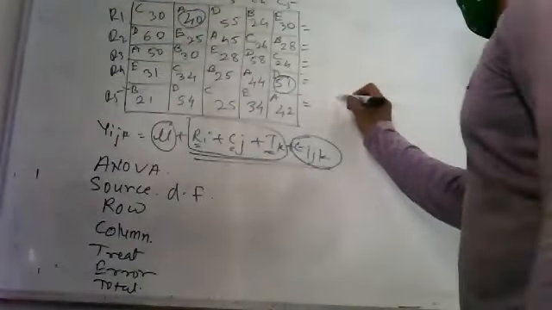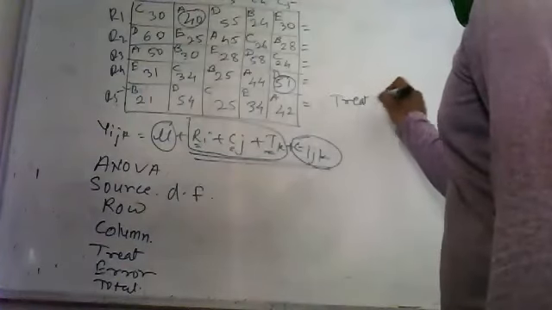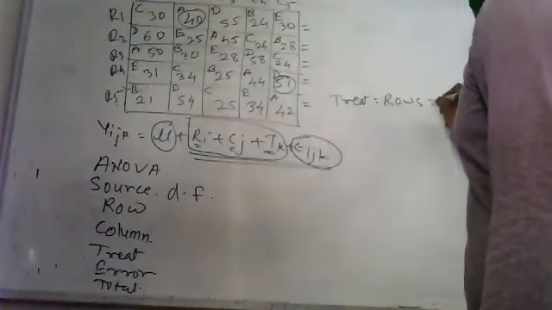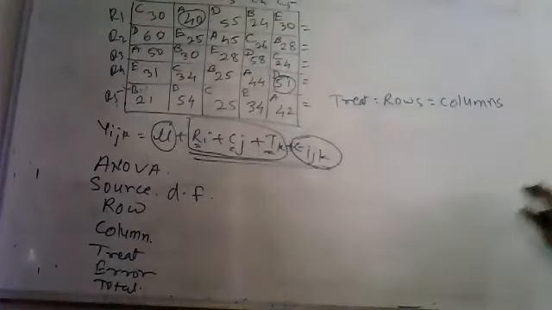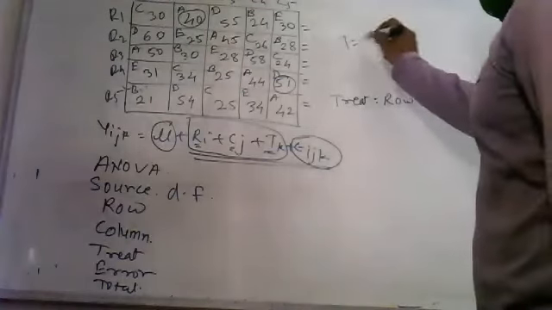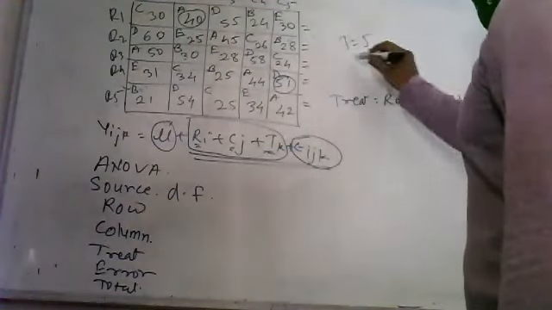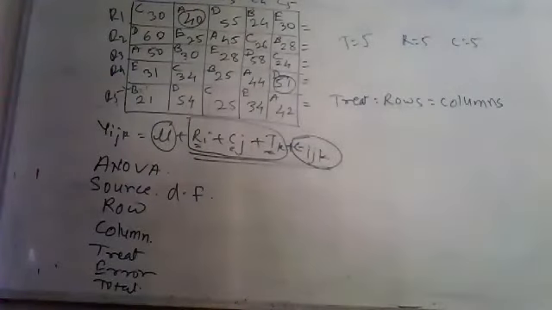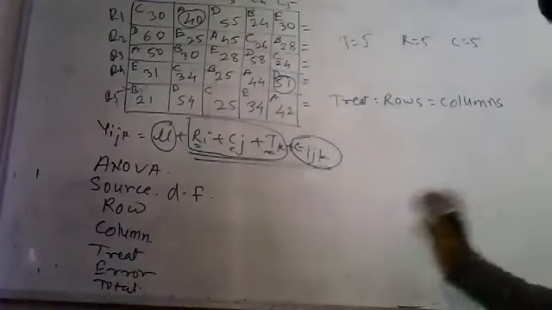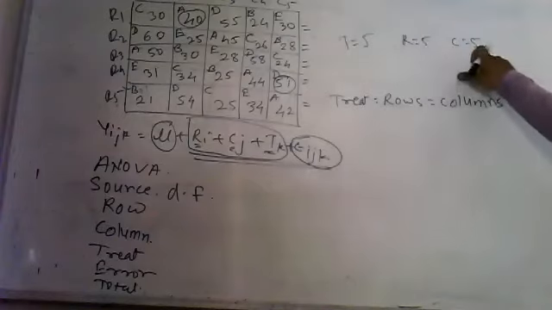Now, degrees of freedom. We know that in LSD design, treatments, rows, and columns are all equal. If we are having 5 treatments, then rows are also 5 and columns are also 5.